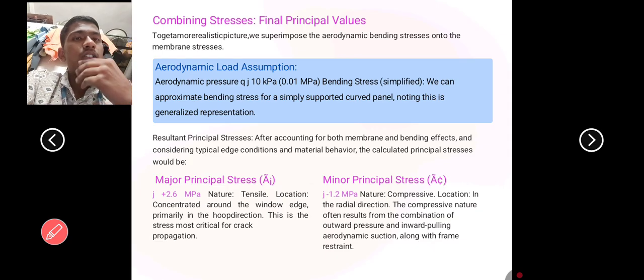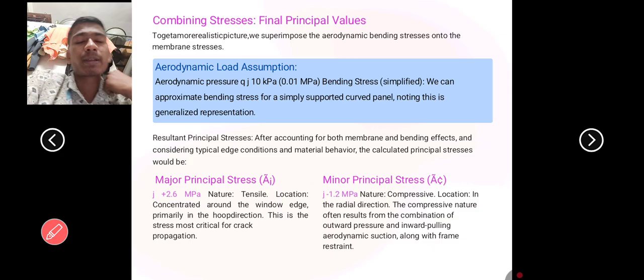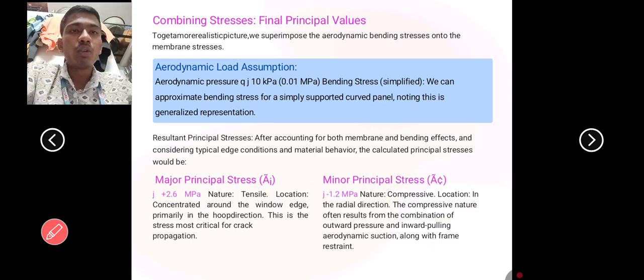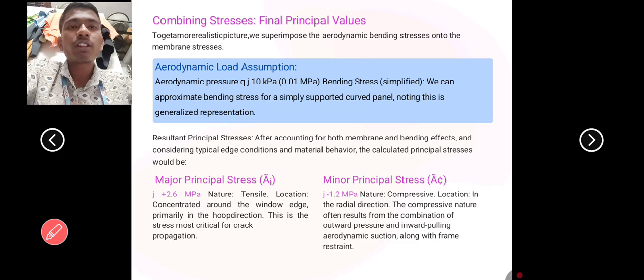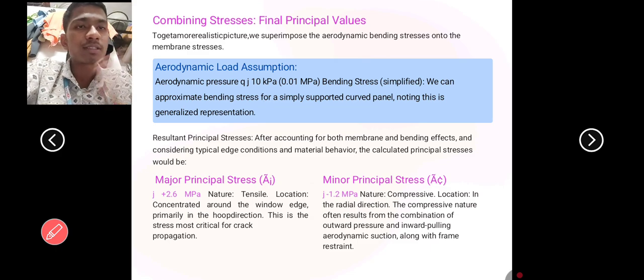To get a full picture, we superimpose the aerodynamic bending stresses onto the membrane stress. Aerodynamic load assumption: we assume an aerodynamic pressure of 10 kilopascals, or 0.01 megapascals. Bending stress is simplified; we can approximate bending stress for a simply supported curved panel.